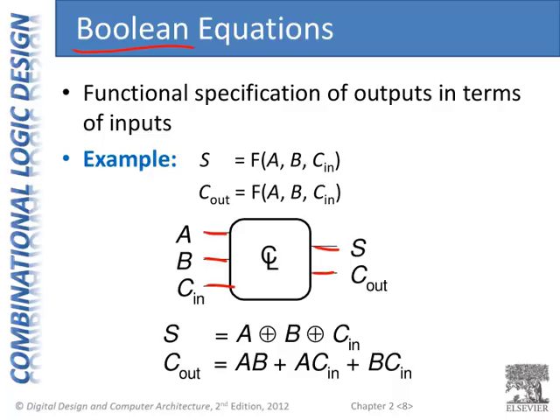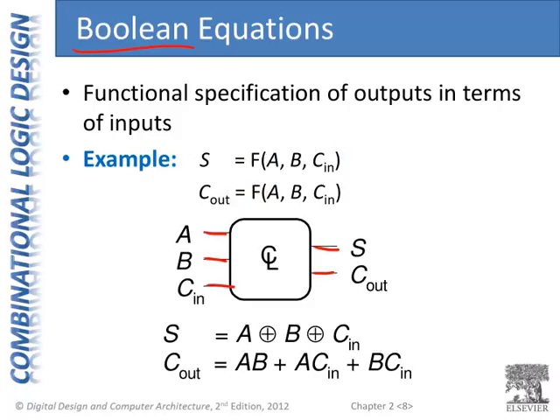I slipped and said sum because this circuit, given the equations below, actually specifies a 1-bit full adder. But at the high level, we can just think of it as having 3 inputs, 2 outputs, and our outputs, for example, the S output, is some function of the inputs A, B, and C in. The second output, C out, is also some function of the inputs A, B, and C in.